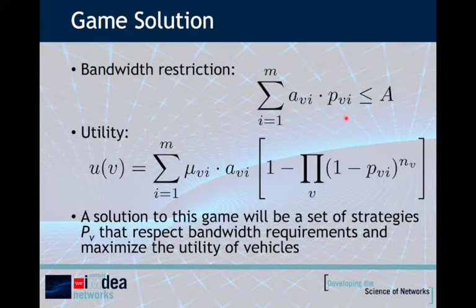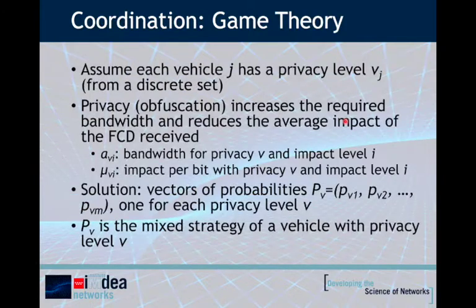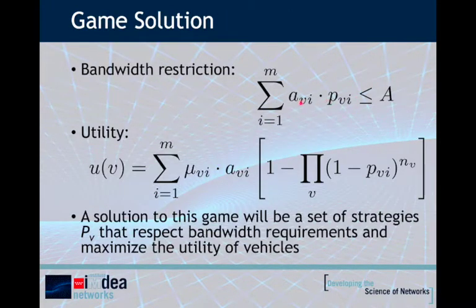So the expected bandwidth, given a strategy P_V, has to be limited by this value A, independently of which privacy level V_j is chosen. For a given privacy level V and a given I, this is the amount of bandwidth required, and this is the amount of bandwidth required by aggregating over all impact levels.